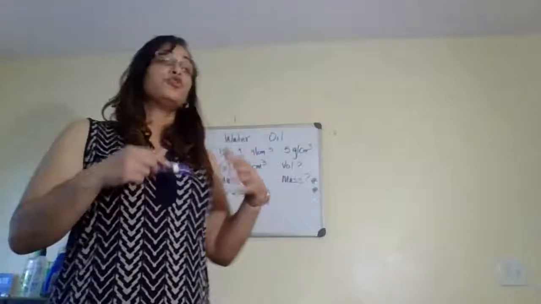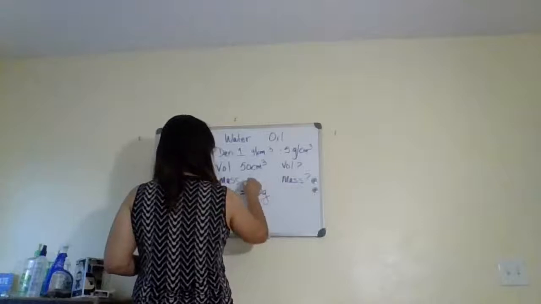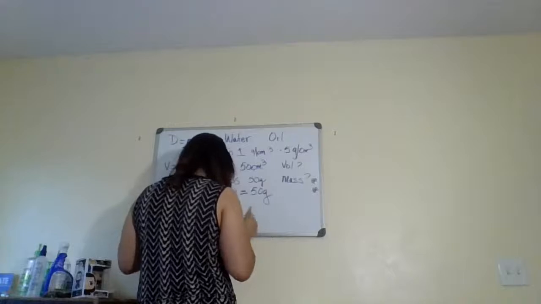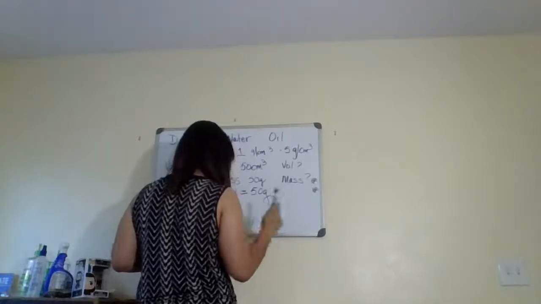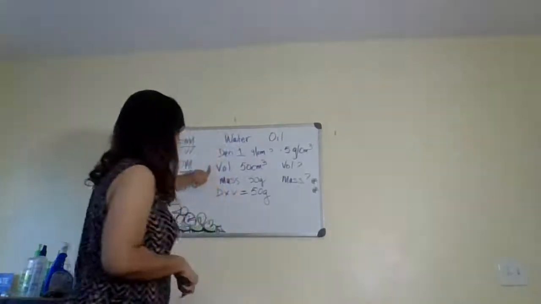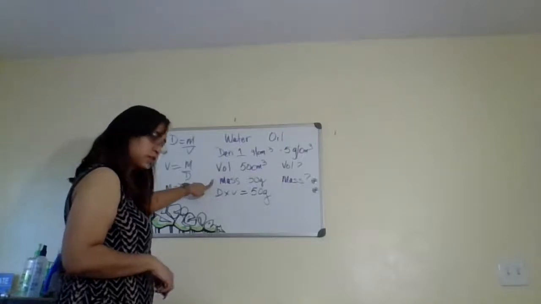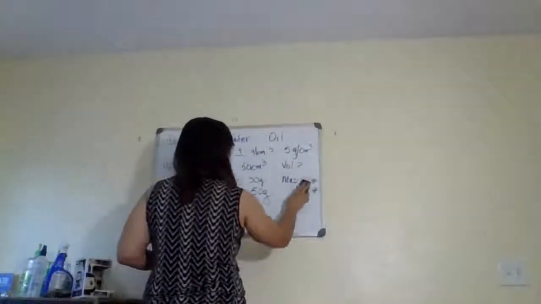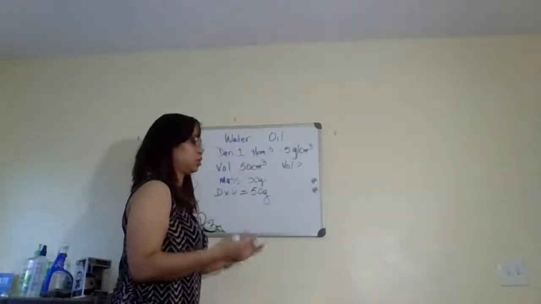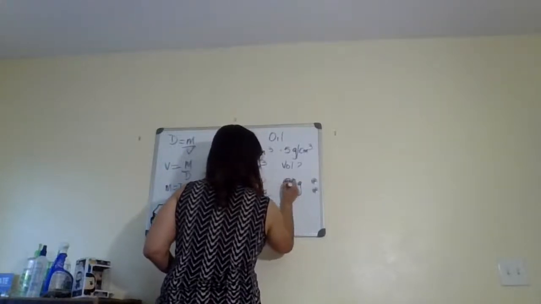Well, 50 cubic centimeters of water has a mass of 50 grams. So here, we now know that the mass that they want to use in the problem is 50 grams.